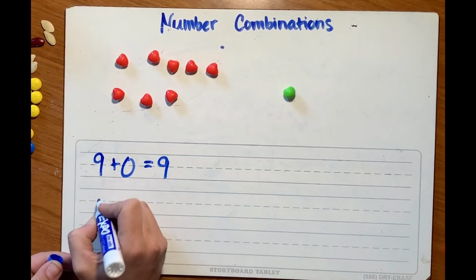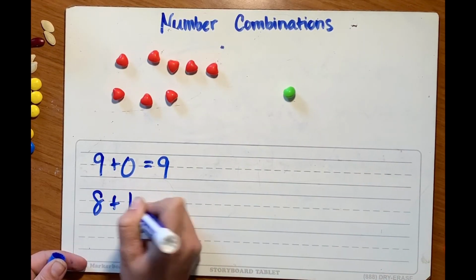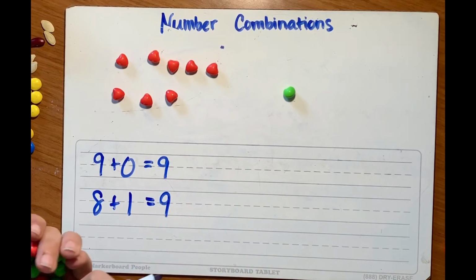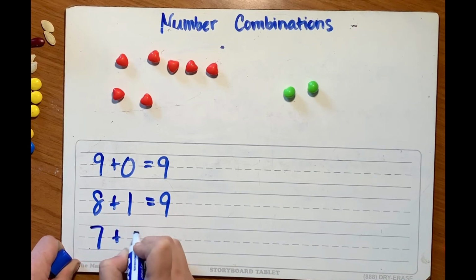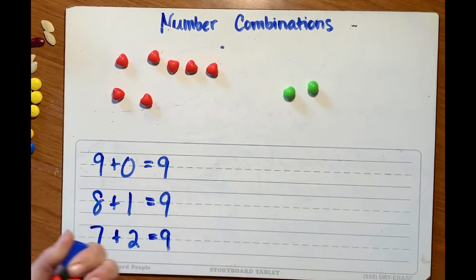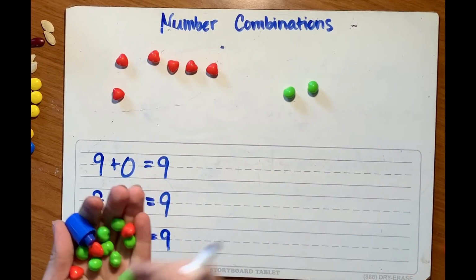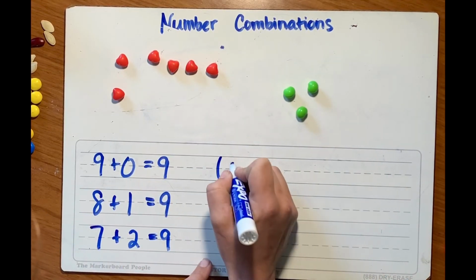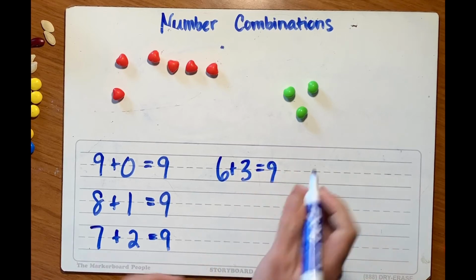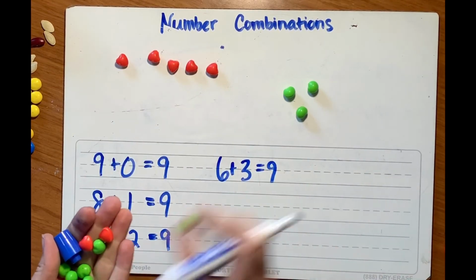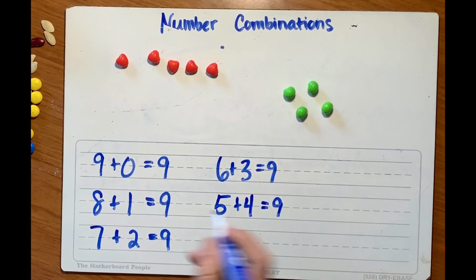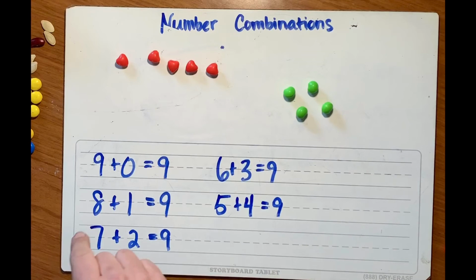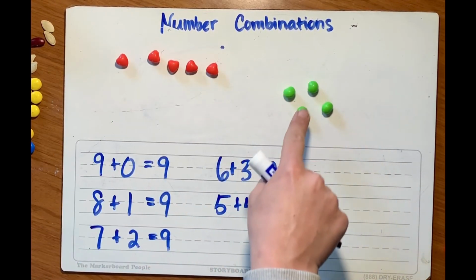Next, we have 8 plus 1 equals 9. Then 7 plus 2 equals 9. 6 plus 3 equals 9. 5 plus 4 equals 9. 1, 2, 3, 4, 5 plus our 1, 2, 3, 4 gives us a total of 5, 6, 7, 8, 9.